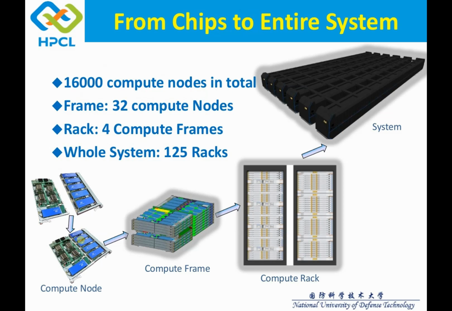We combine 32 of these nodes into a frame, and 4 frames are put together into a rack, one of these black things you can see here. The total computer has 125 computational racks. So if you do 32 times 4 times 125, you come out with 16,000 computational nodes.